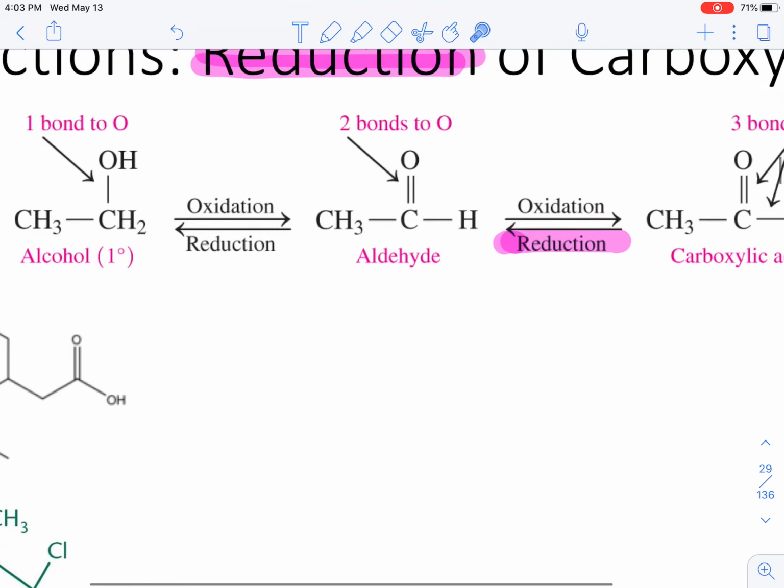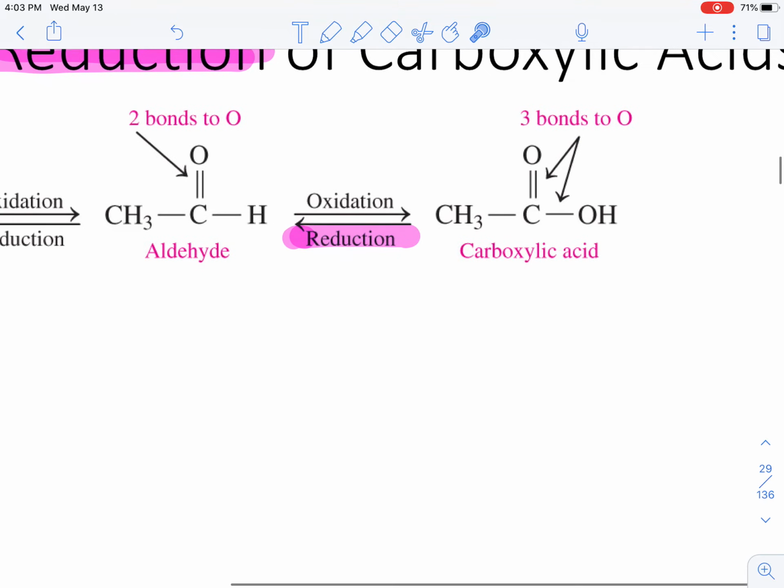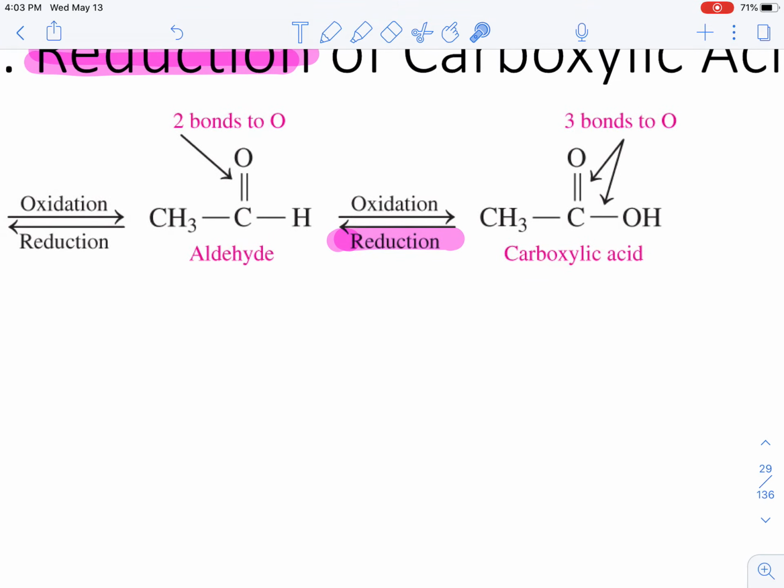Now that we know what the carboxylic acid functional group looks like, based on what we discussed in prior lecture videos, these carboxylic acids can undergo reduction to produce aldehydes.